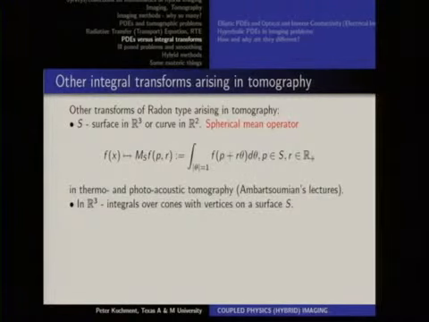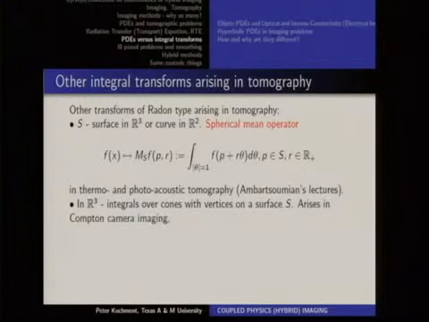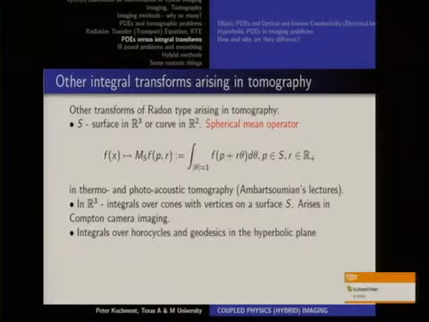An interesting transform is the transform over cones. When you get integrals of your function over cones, it's a very over-determined transform, and since there are very many cones, you count the dimension of the number of cones, and it's much higher than the dimension of your space. And this arises in so-called Compton camera imaging. I will not be talking about this. If anyone is interested, I'll tell you privately what it is.